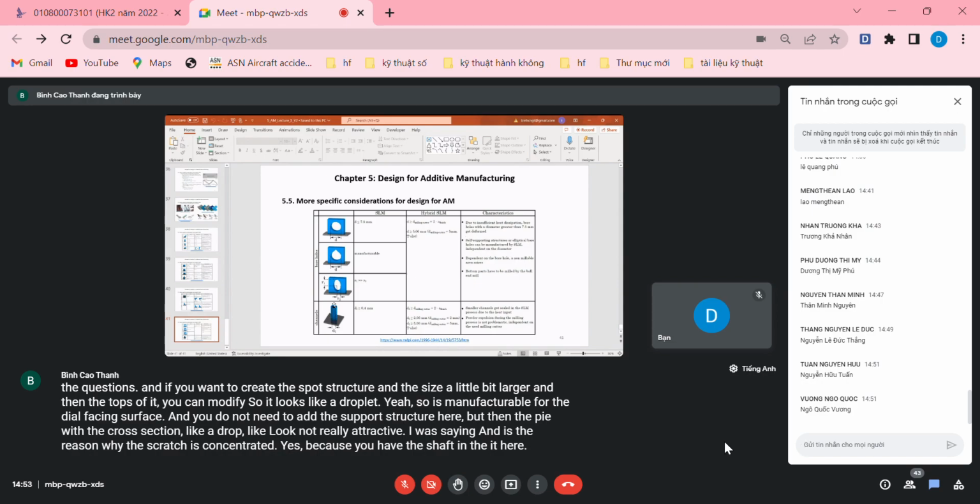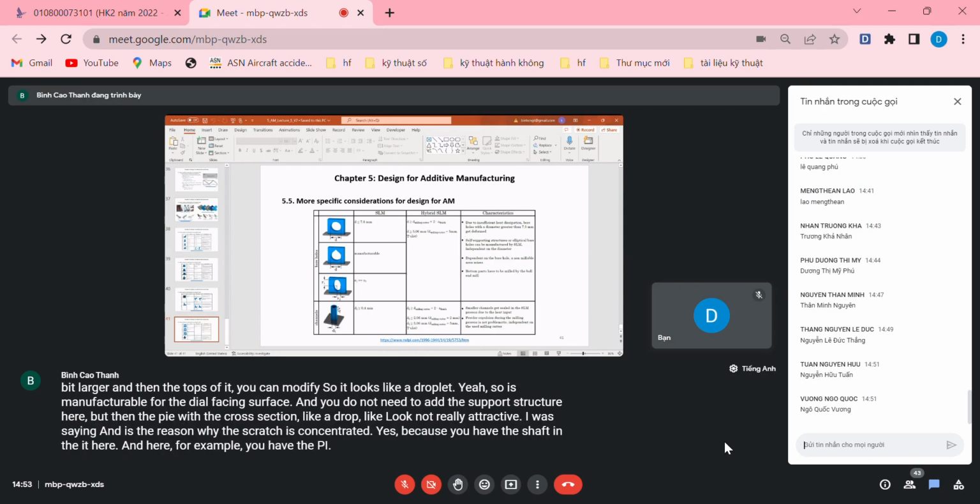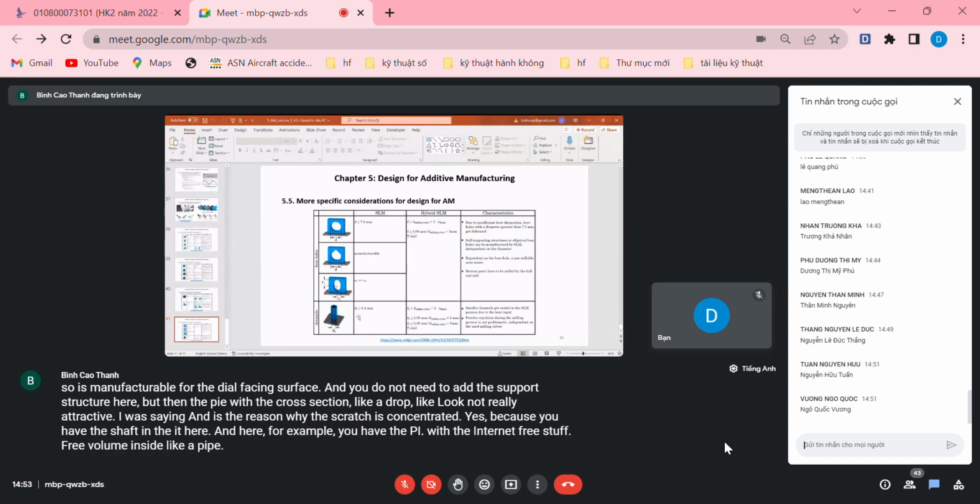And here, for example, you have a pipe with an internal free volume inside, like a pipe. So the inner diameter must be larger than 0.4 millimeters.